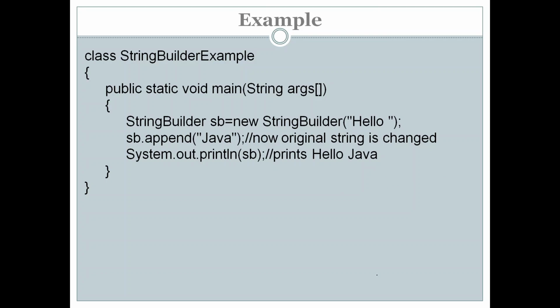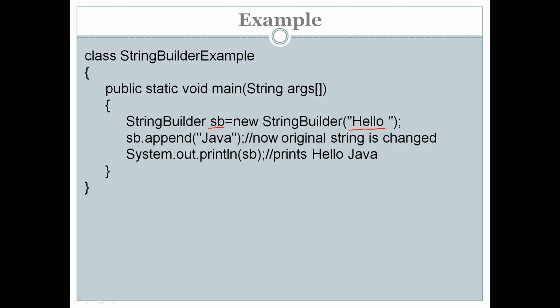Let us look at one simple example to study how a StringBuilder object can be created in Java. We have a class here, and inside the main we are creating an object of StringBuilder. StringBuilder sb is equal to new StringBuilder, and we are passing a string here, a character sequence.